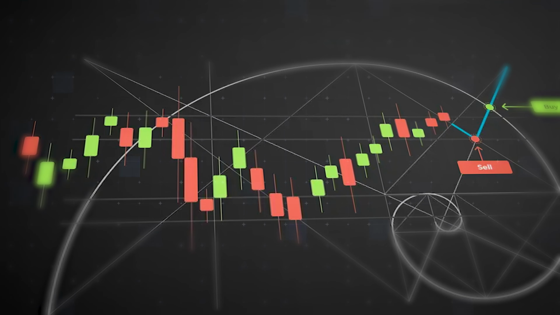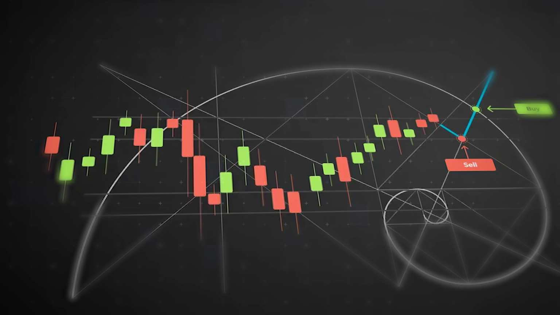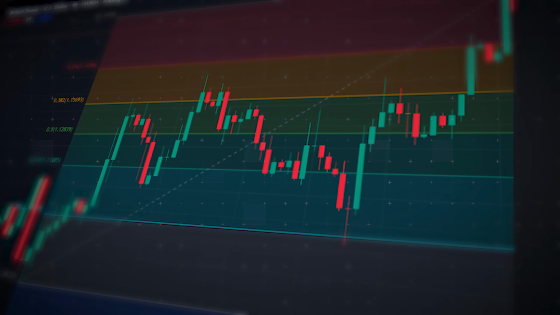From that sequence, you get specific ratios, 0.62, 0.79, and a few others. Traders later noticed that price on the charts often pulls back to the exact same ratio before continuing. And nobody fully knows why, but it happens often enough that it became a standard tool in technical analysis.